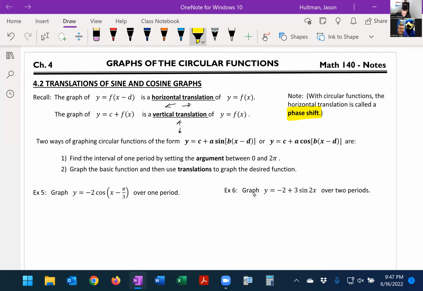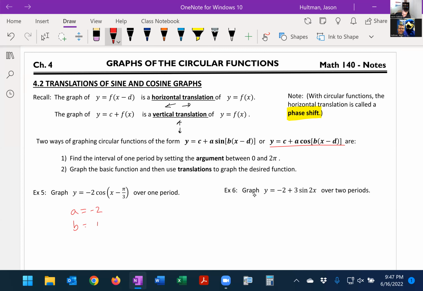So we're going to start again with a and b. In this case, a is equal to -2. B, if we look at the cosine function here, is the number in front of the x value factored out. And that's just 1.